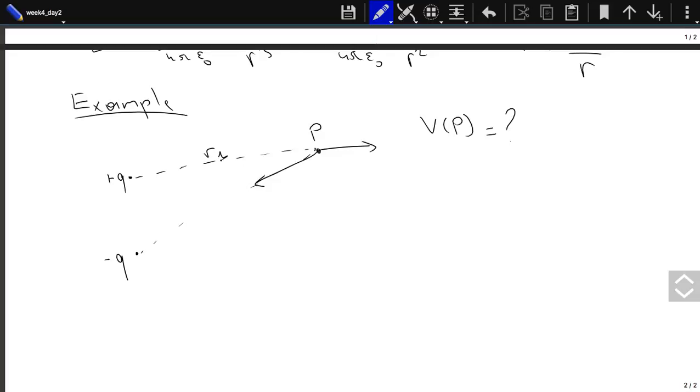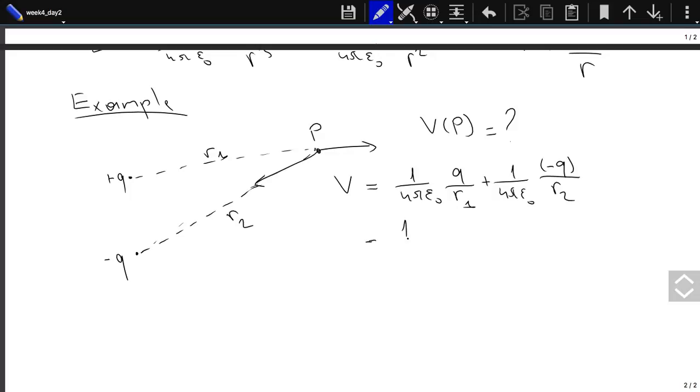Now let's say this is our R1, this is our R2 distances. So in terms of this R1 and R2, we can write the potential. V is equal to 1 over 4 pi epsilon 0 Q over R1 plus 1 over 4 pi epsilon 0 minus Q over R2.